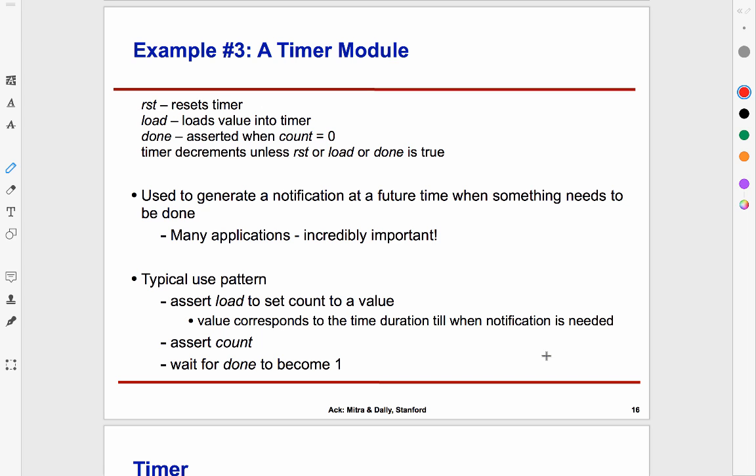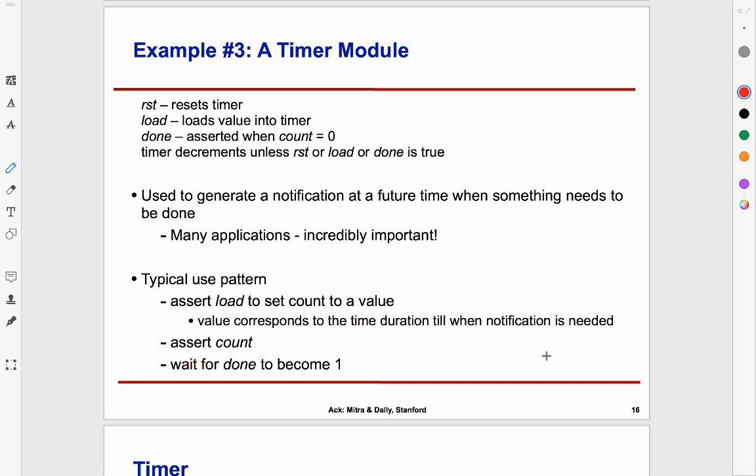Okay, so there are many computing systems, actually pretty much anything reasonable would have some way of doing these kinds of timers as well. So this is a simplified version of that. I want to design a module which takes a reset signal, it takes a load signal, it outputs a done signal, and the way it works is the following: if I assert the reset signal, the timer should reset to 0.